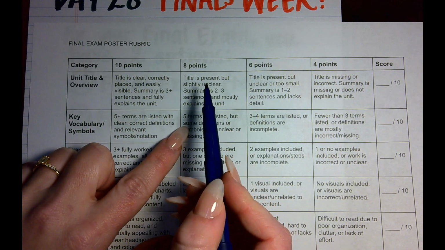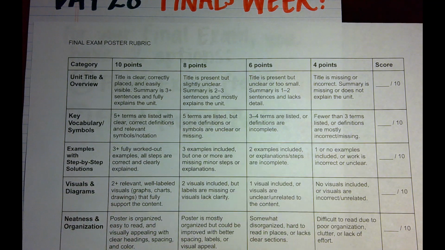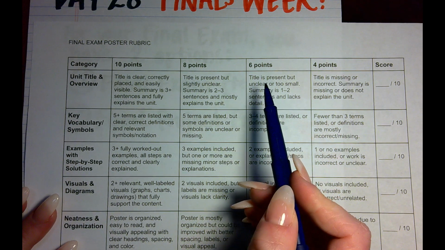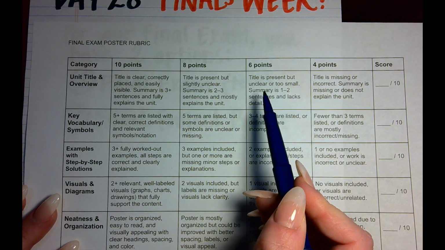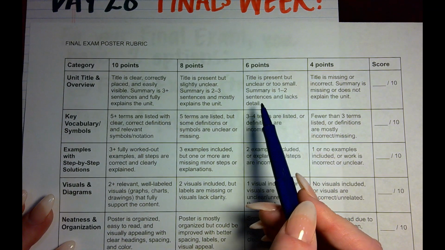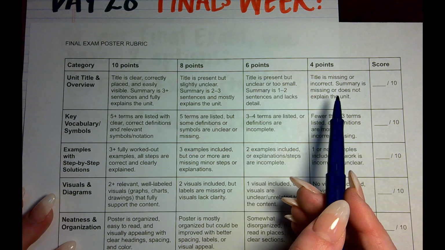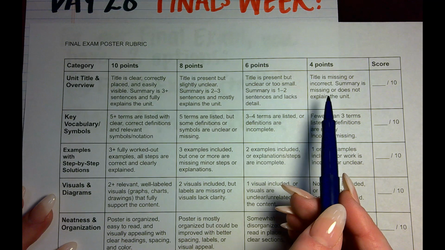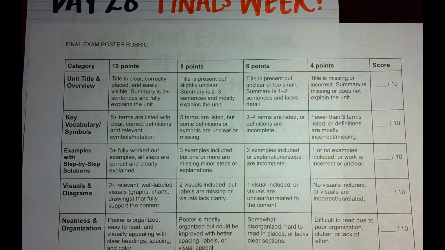You'll get 8 points if there's a title there, but it's not clear, and maybe your summary of the topic is not as great. 6 points if your title is there, but it's maybe too small, it's not able to be read, and then your summary doesn't give a lot of detail. You would only get 4 points if you don't have a title, or if your title is incorrect, or if you didn't write a summary, or maybe your summary does not explain the topic your poster covers.